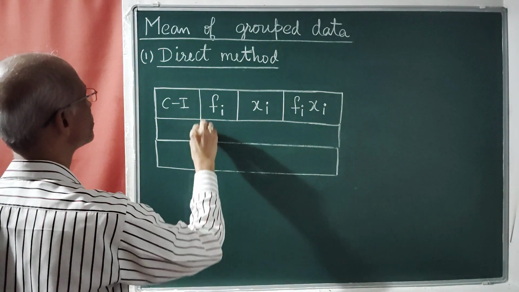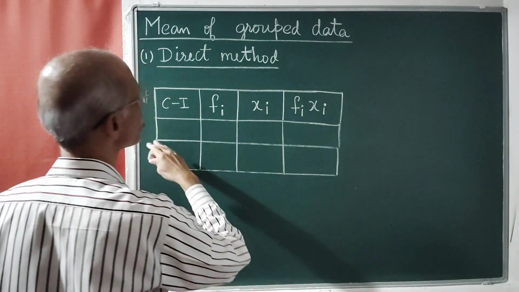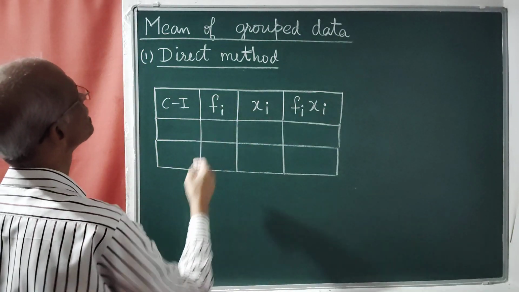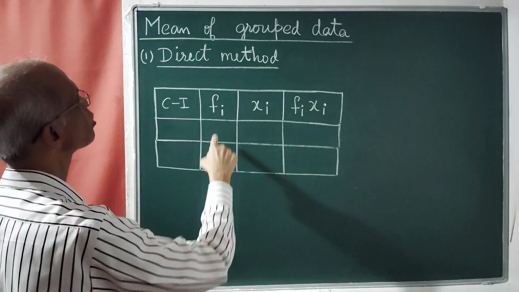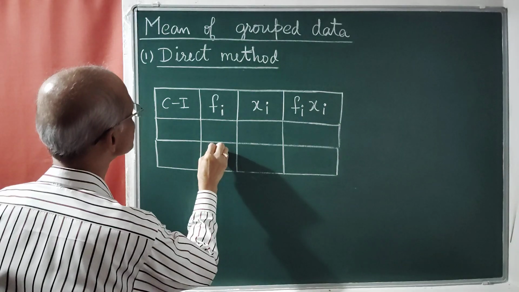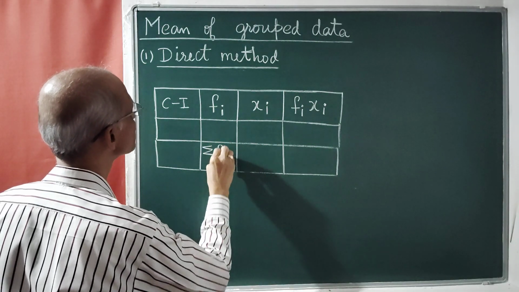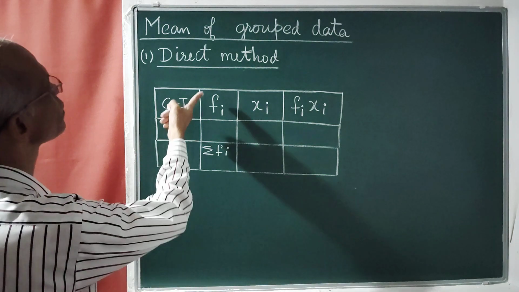Now the last row. In this column, we'll have all the values of fi, and we have to find the value of sigma fi. Sigma fi means you have to add all the values of fi.